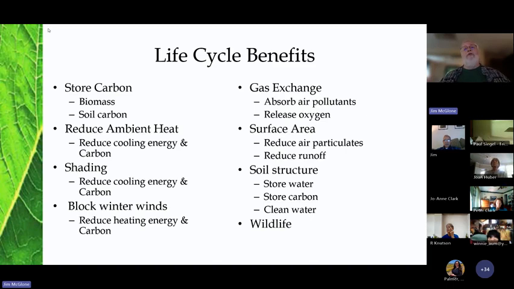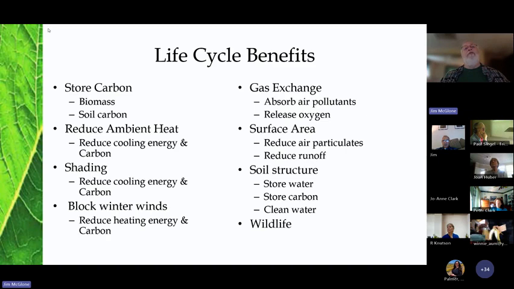It helps store carbon, but the sugars that they use to attract beneficial microbes are also fueling the soil ecosystem, which is what's cleaning the water as it filters through the soil before it comes out. And of course, trees are really good for wildlife, and we'll talk more about that later on. So these are the things that trees do in the course of their lives that we find beneficial.